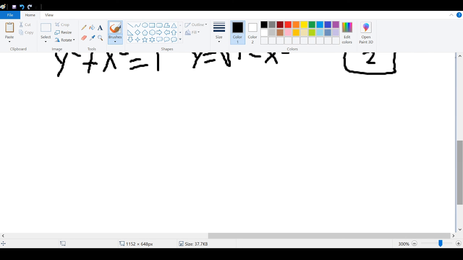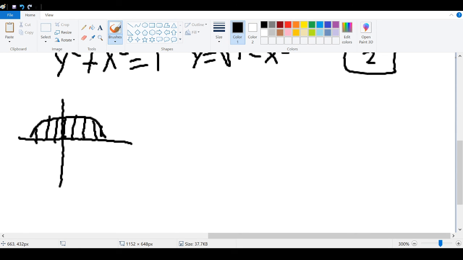So if we draw our function, we'll see that it's just the upper half of the unit circle. It's only the upper half because we now have y as a function of x, and if we included the lower half, it would violate the vertical line test. An integral is just the area under the function, and that's all this area here, the area between the circle and the x-axis.